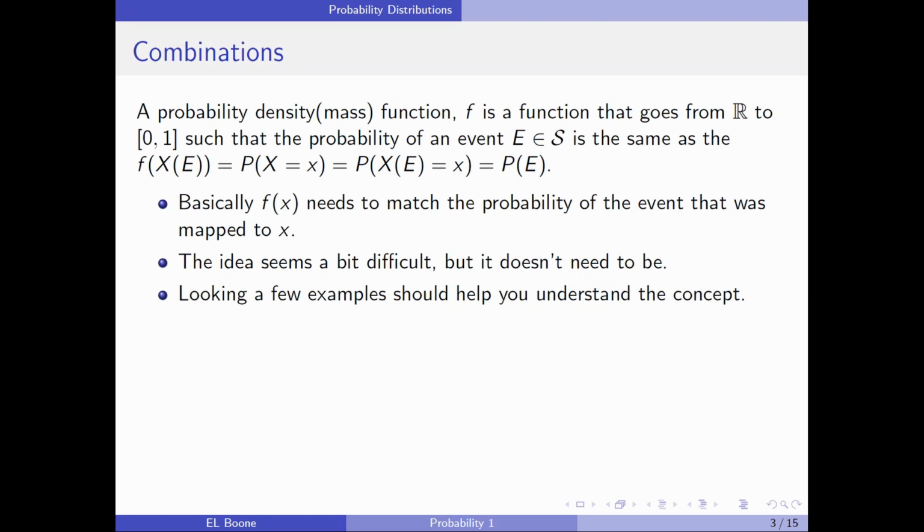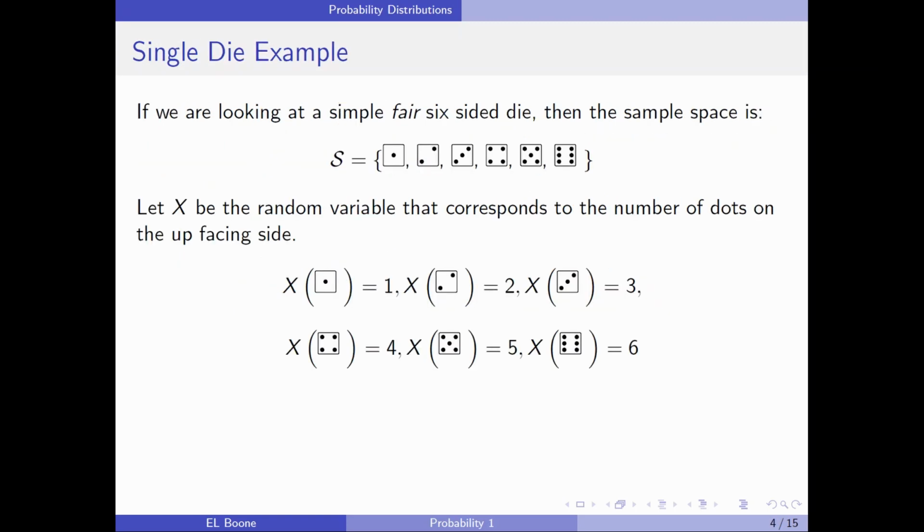We're going to go back to our dice. If we're looking at a simple, fair, six-sided die, then the sample space is this. Let x be the random variable that corresponds to the number of dots on the up-facing side. This is how we're measuring a side: the number of dots. Here we have 1 dot, here 2 dots, 3 dots, 4 dots, 5 dots, 6 dots, and you notice our random variable is 1, 2, 3, 4, 5, 6.